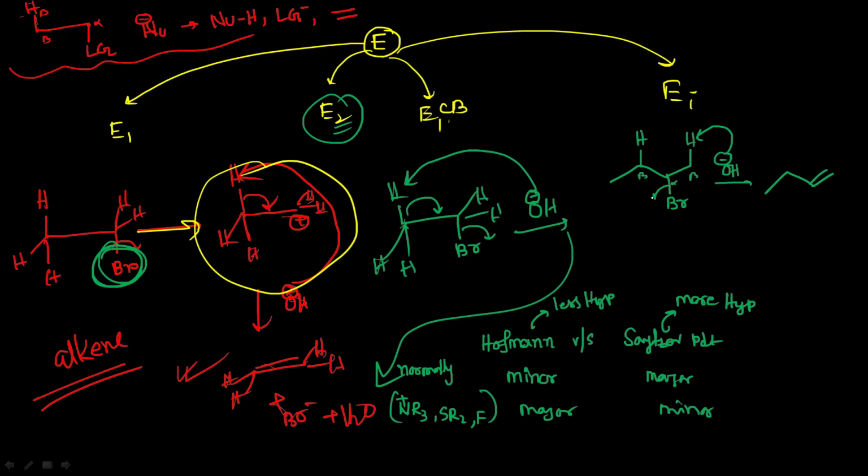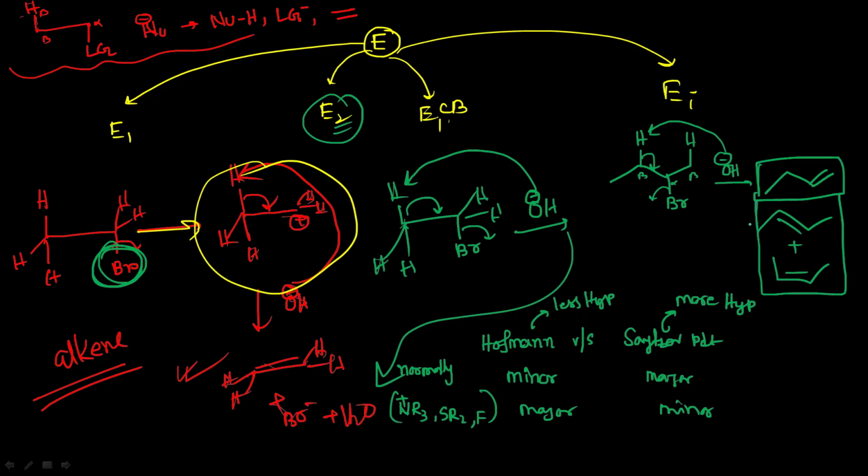But if my OH minus approaches like this, my product will be this, and obviously with this trans product, cis product will form. So one type of product is this, another type of product is this. Okay, these are my two products.